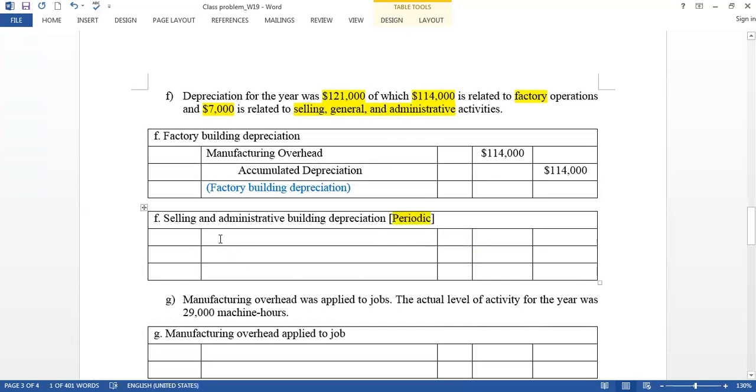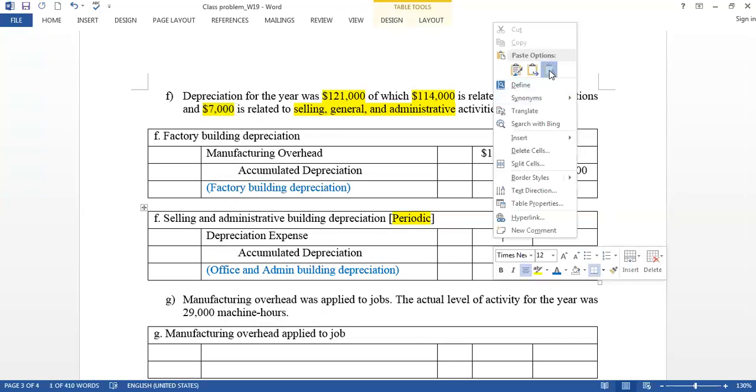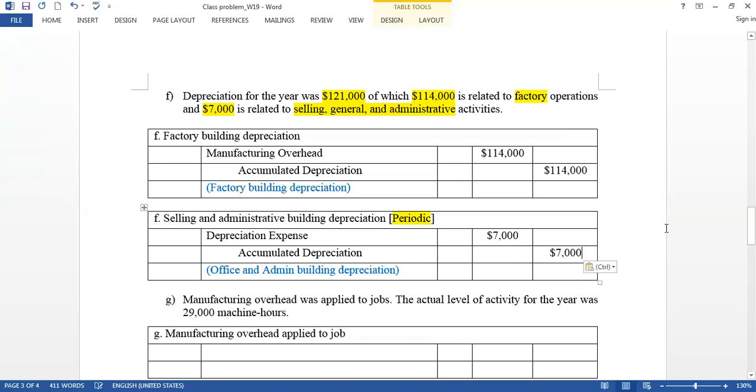So the journal here is depreciation expense debit, accumulated depreciation credit, and this is office and admin building depreciation, $7,000.